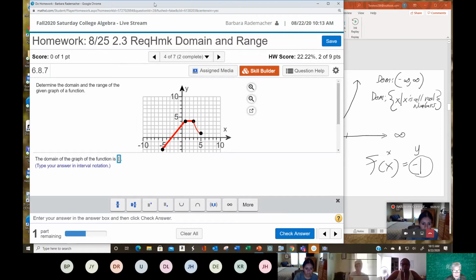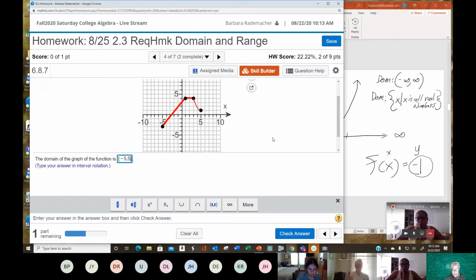And I'm going to go to negative 5 right here. Negative 5, and then a comma, and then a positive 5, and then a bracket from my keyboard. And that should be what the domain is, because it doesn't go on forever.